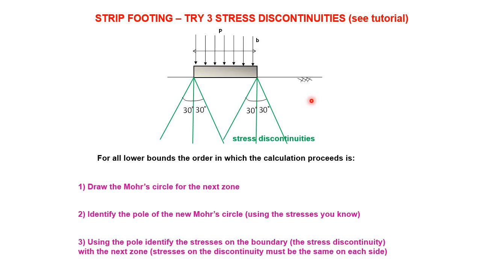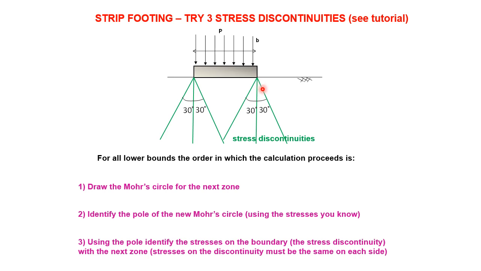Using the pole, then identify the stresses on the boundary. So you draw a Mohr circle for this zone, you identify the pole using the stresses you know, which will be the vertical and horizontal stress. The vertical stress is 0, the horizontal stress might be 2SU. You can get the pole using those stresses. Then use that pole to get the stresses on this discontinuity.